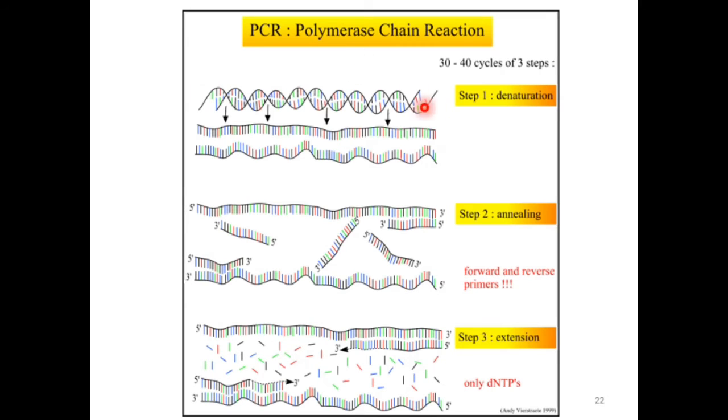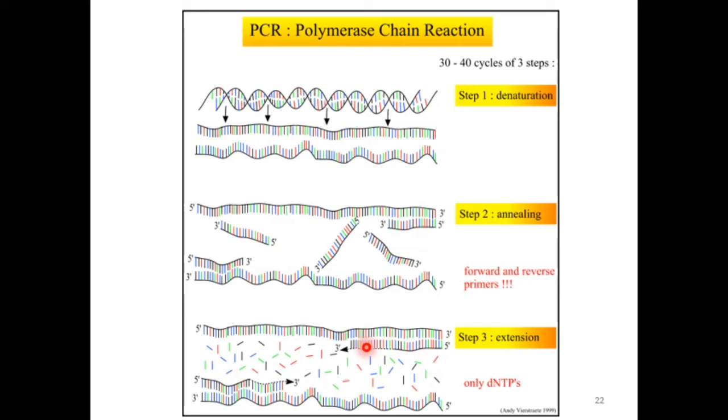Okay, this is also another slide. I'm just repeating to make it clearer. Again, here the double helix of the DNA will be denatured under a high temperature. And then the forward and the reverse primer will come and anneal to the complementary DNA strand.